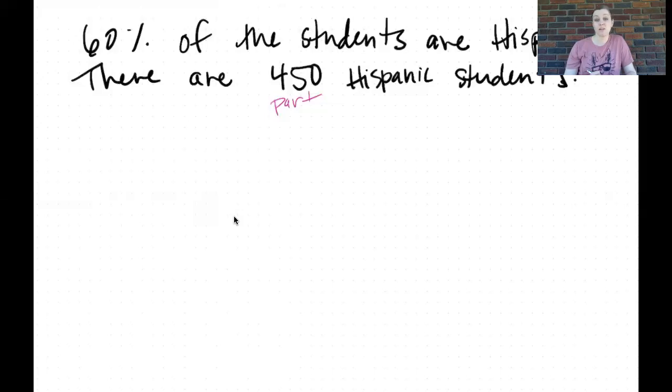Okay, so you can either now do a double number line diagram, or you can do what we did before, right? If I have the part and I have the percent, 450 divided by my 60%, which I'm going to write as a decimal of 0.60.